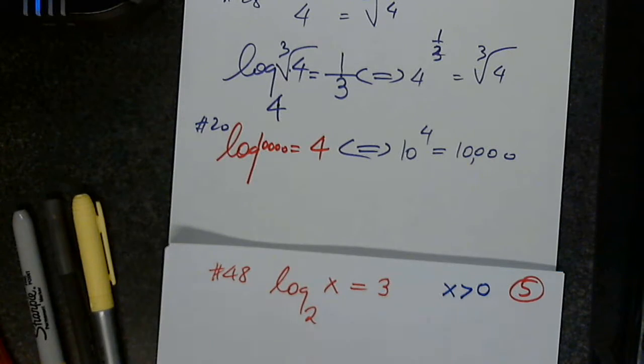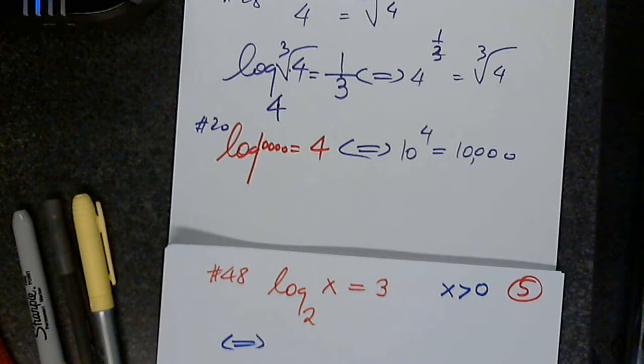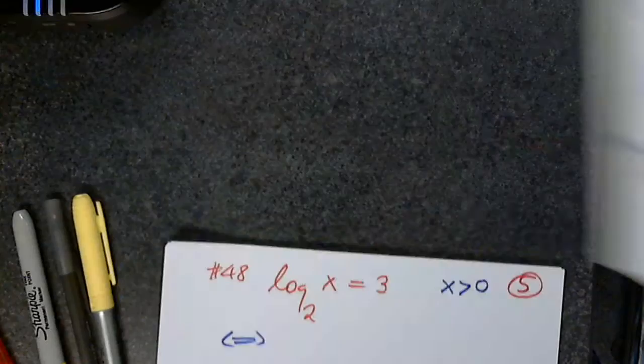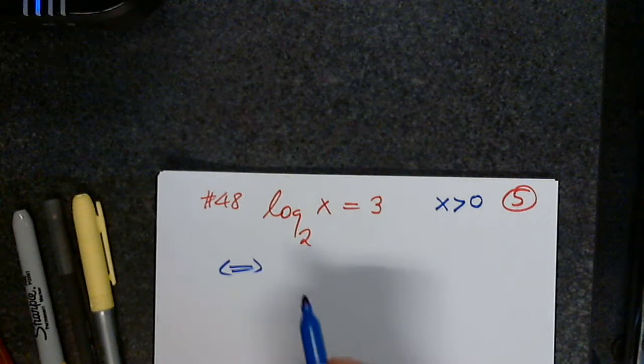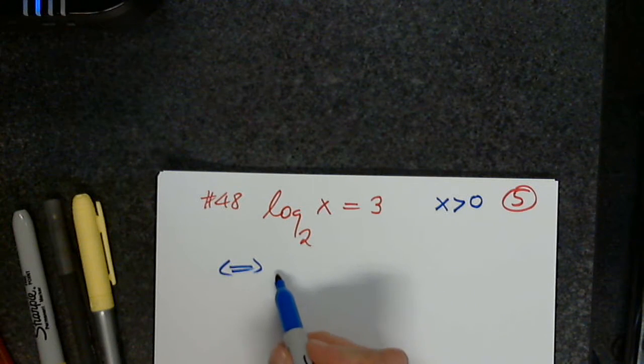And now I can change it into an exponential equation. How do I change this into an exponential equation so I can get x? What is the base? 2.